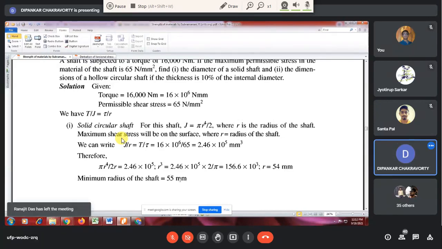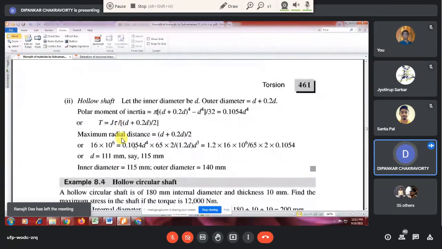Okay. Now, if you go by hollow shaft, see, if the internal diameter is D, then the outer diameter will be D plus 0.2 D, because the thickness is 10% of the internal diameter. So the external diameter will be 10% this way, 10% that way.